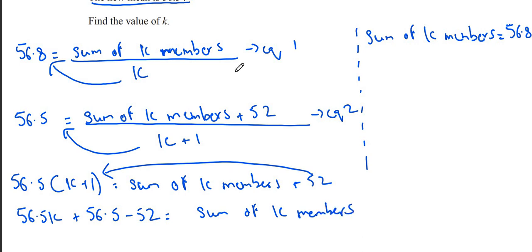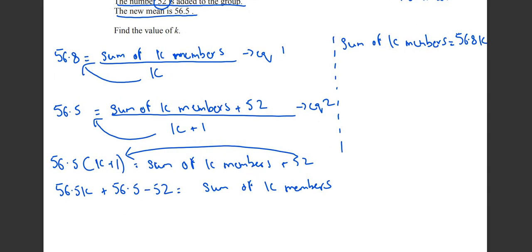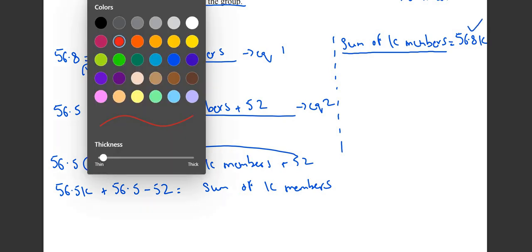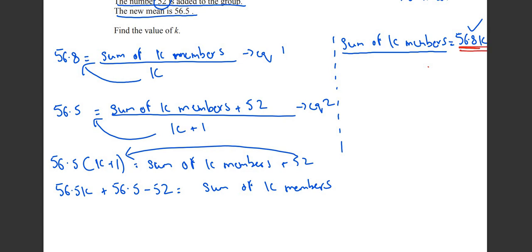Now guys, what did I just do over here? Remember, sum of k members was equals to 56.8k, right? So let me write it with red now. So instead of writing sum of k members, what will I write now? What is sum of k members equals to? 56.8k. So I will now write 56.8k.